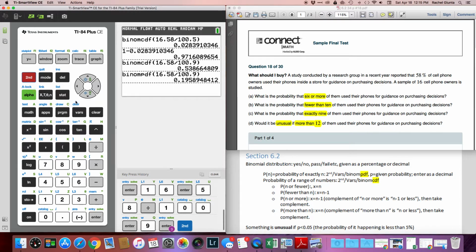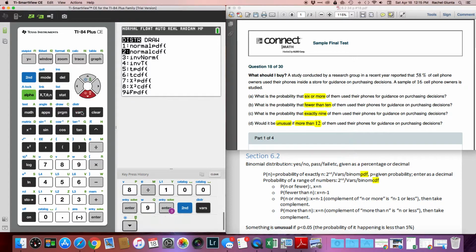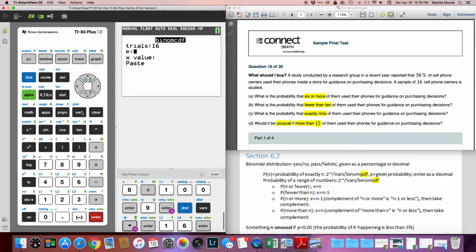So second var's binomial CDF. Trials are still 16. P is still 58 divided by 100. X value, like we said, more than, you just keep the same X value that's given to you, which is 12.